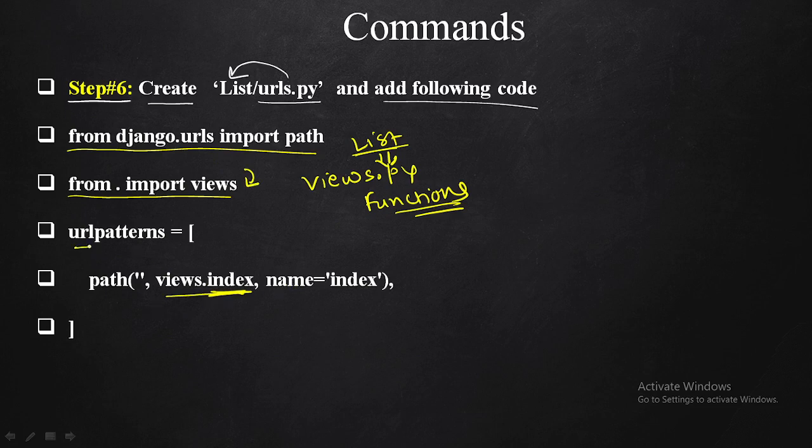So urlpatterns is equal to path, then an empty string, views.index, the name of the function, index. This code we will add. First of all, create this urls.py in the list folder and add this code.